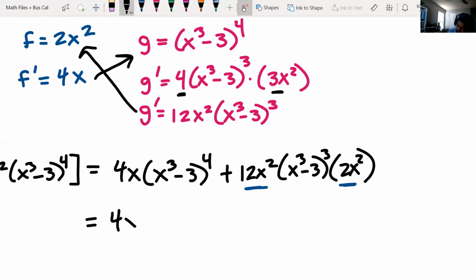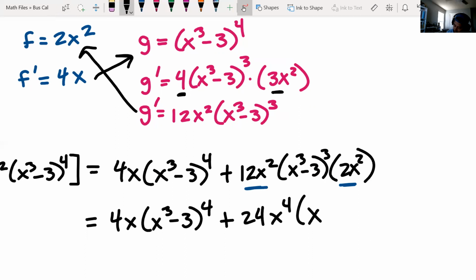So this will stay the same. And 12x squared times 2x squared gives me 24x to the fourth times x cubed minus 3 to the third.